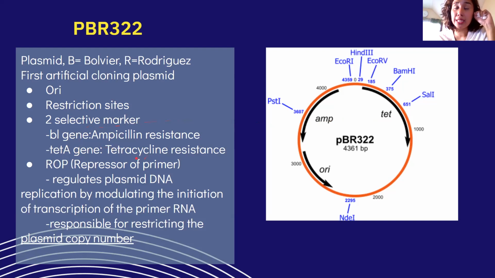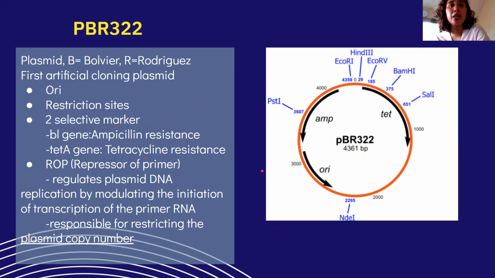Basta, it gives tetracycline resistance. So, kung yung bacteria, guys, has absorbed or the plasmid has entered the bacteria, it should have both resistance to ampicillin and tetracycline. So, kung ampicillin lang resistance niya, no. Okay? Dapat dalawa. Ampicillin and tetracycline.